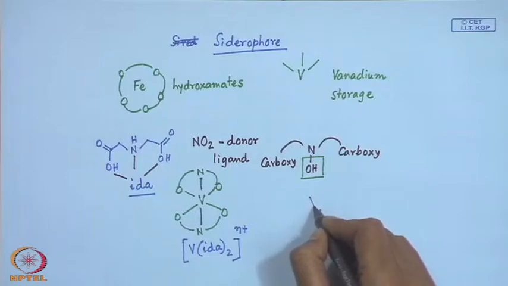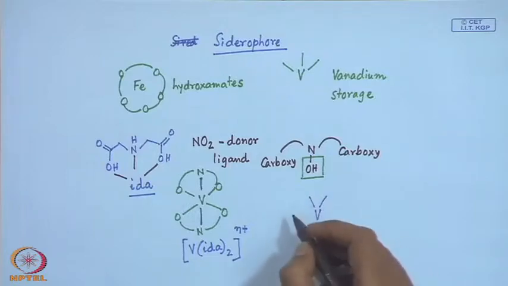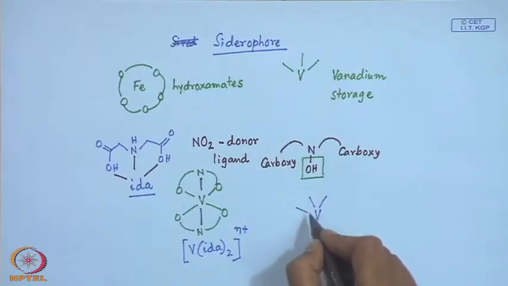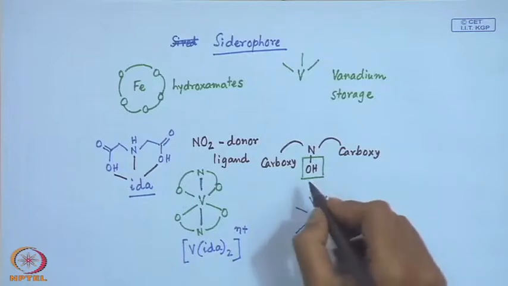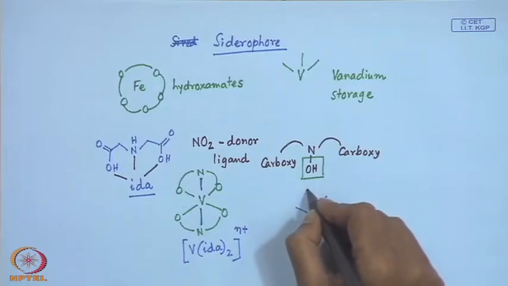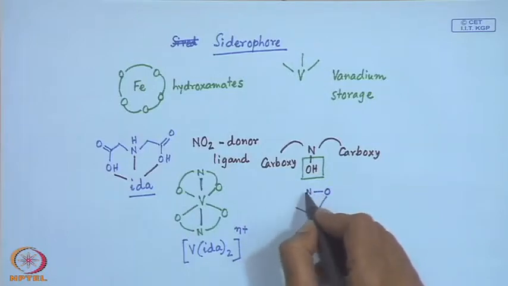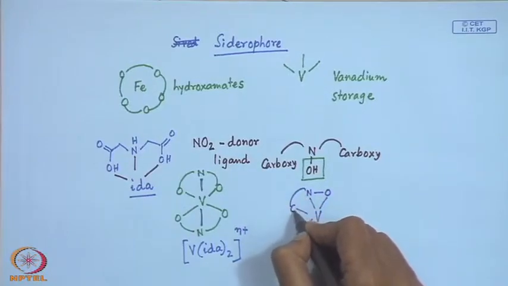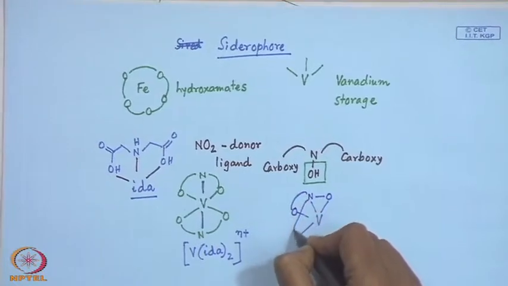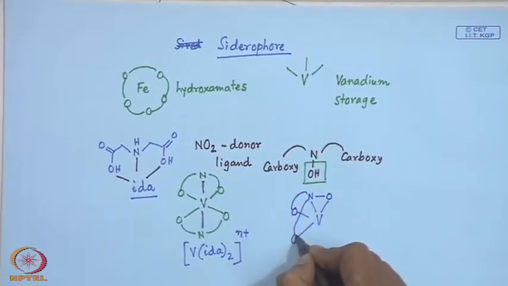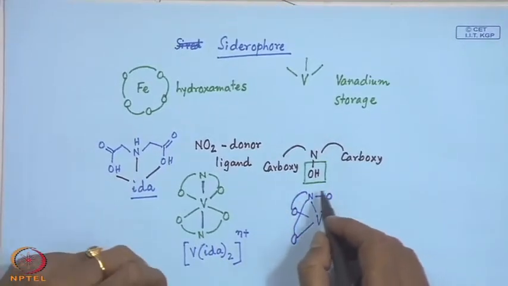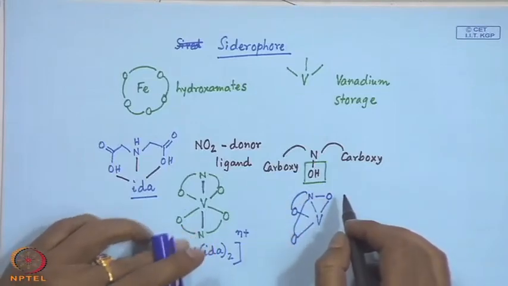Basically these two we can have, and we have 2 of these. So, one such ligand, this ligand nitrogen and ligand oxygen, and this is the carboxy end of this, and this is another carboxy end of this, giving rise to the binding of this particular half of the molecule.